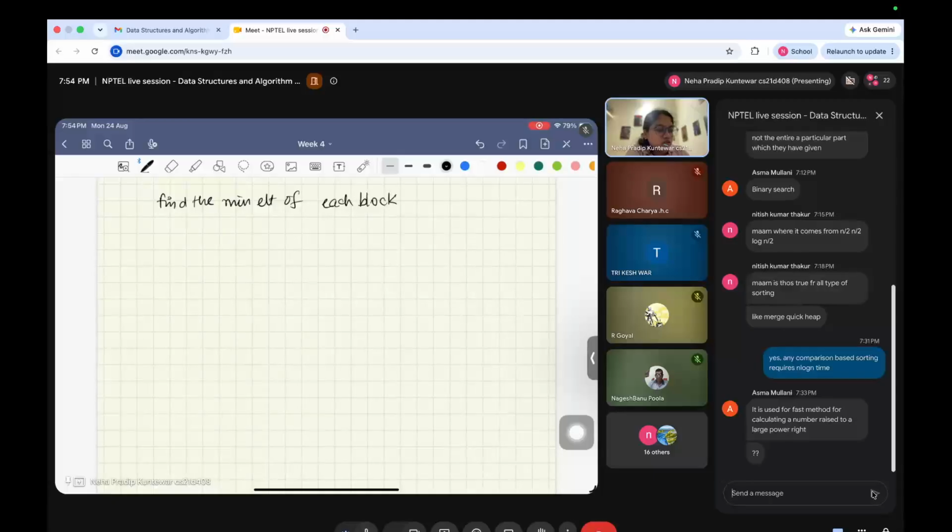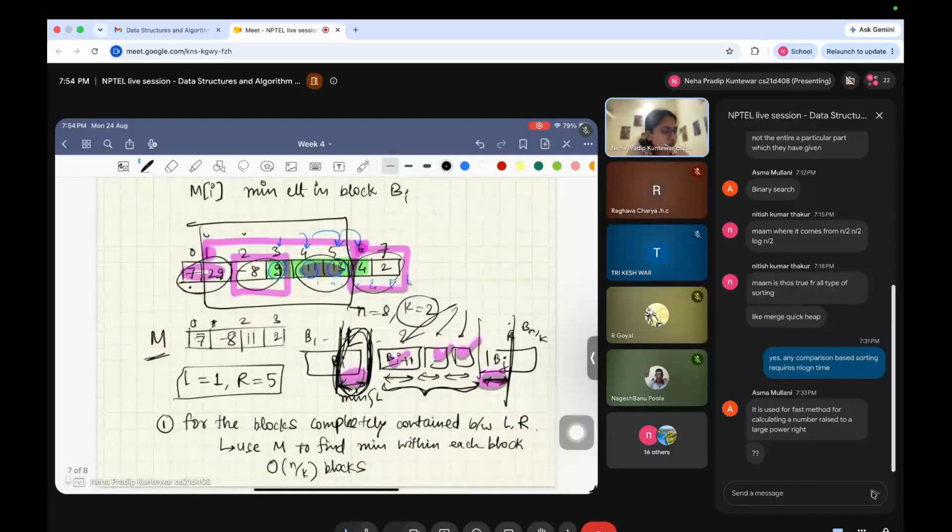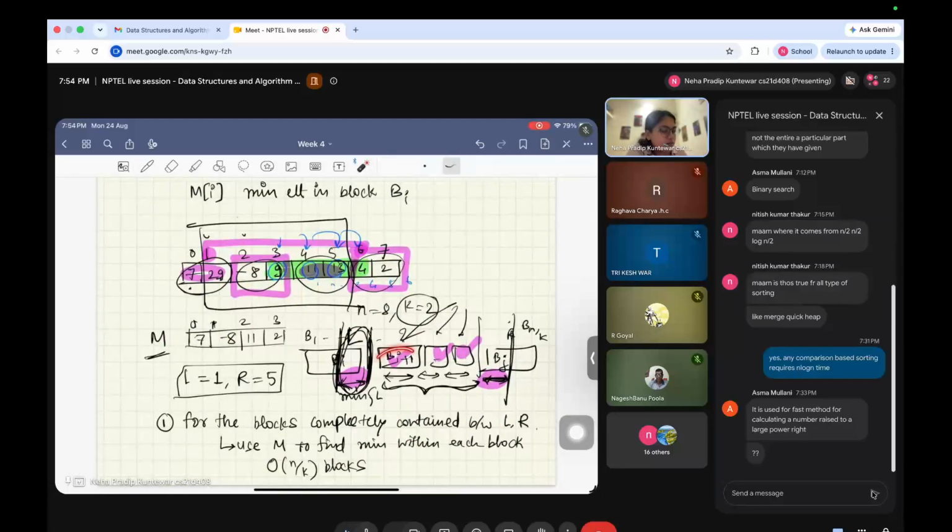This will only take order one time each, because we have stored these values in M, right? So in the first step, for finding the minimum of each of these, we have spent order n by k time.